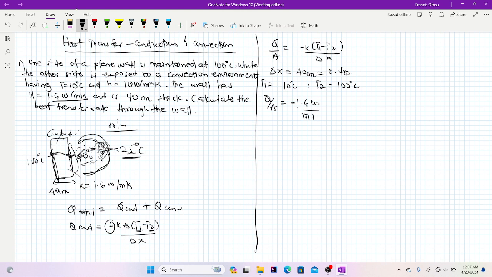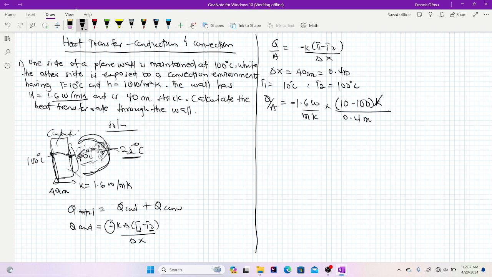So let's bring the units so that it becomes easier for us to know our final unit. Our T1 is 10 minus T2, 100. Like I said, because we are finding a change in temperature, change in degrees Celsius is the same as change in Kelvin, so we can represent that with Kelvin. And then our thickness is 0.4 meters.